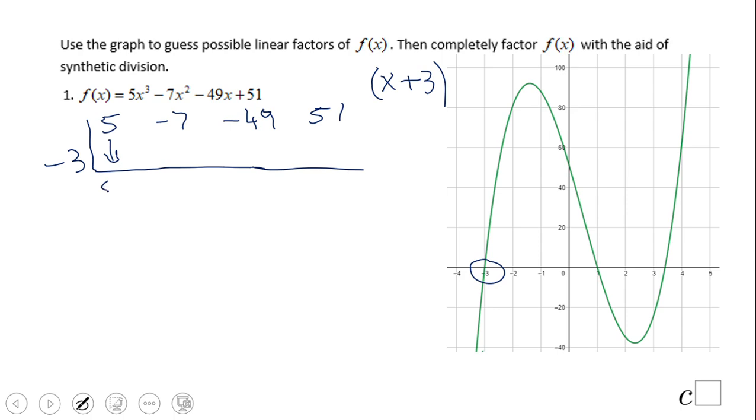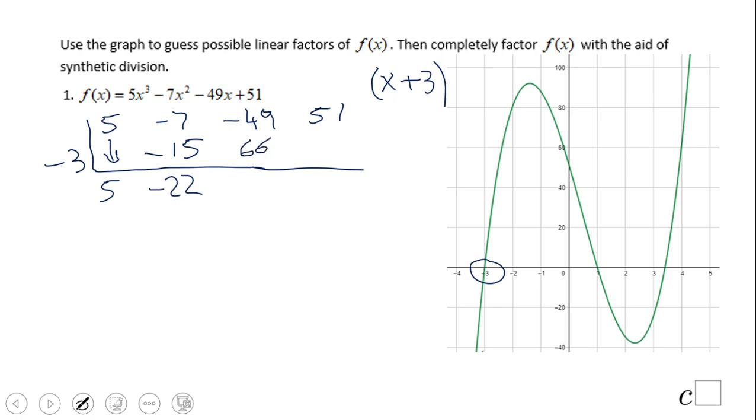Now we can start. The first thing, if you remember, is to drop the 5. Then -3 times 5 is -15. We add and get -22. -3 times -22 is 66.